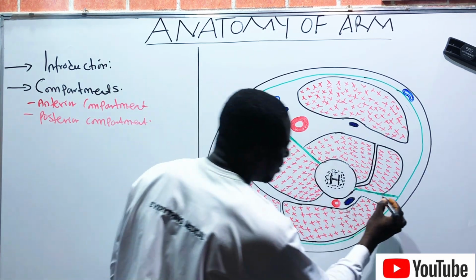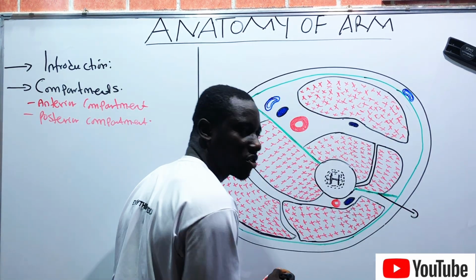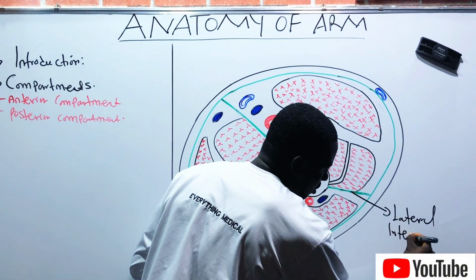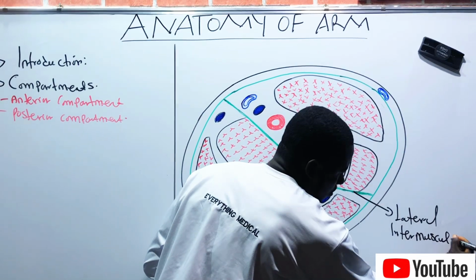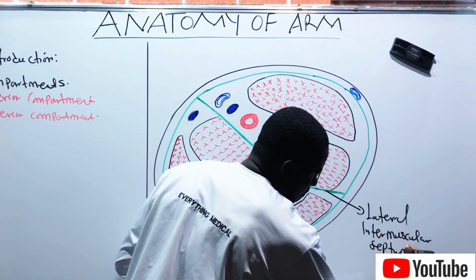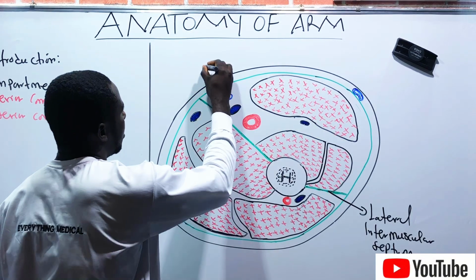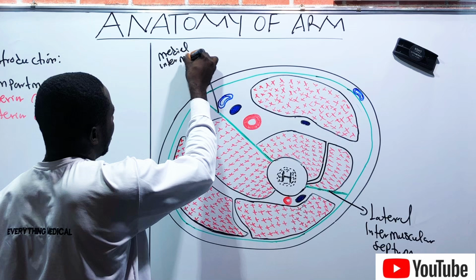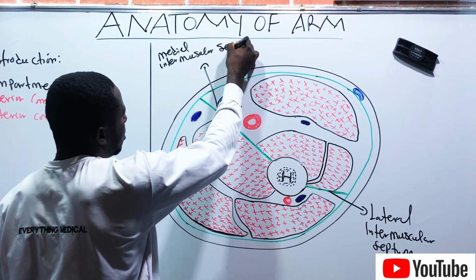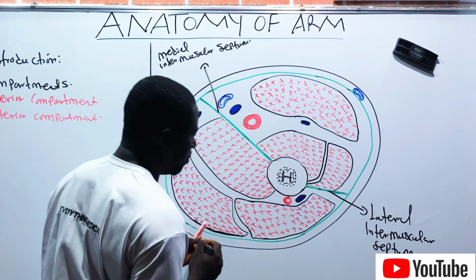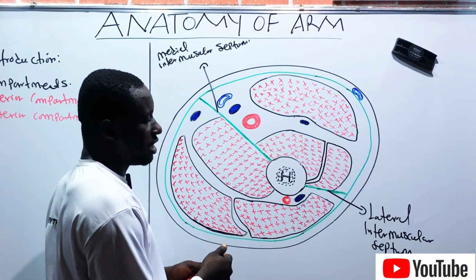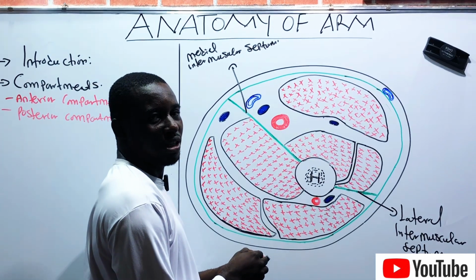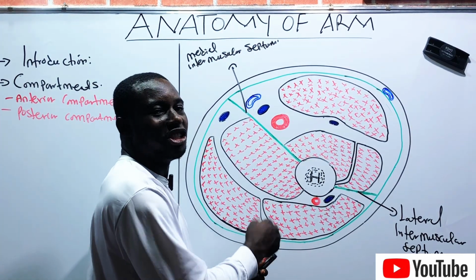Here is the lateral intermuscular septum, while here is the medial intermuscular septum. As you can see, there are the intermuscular septa that partition the what? The arm, alongside with the what? With the deep fascial sleeve.